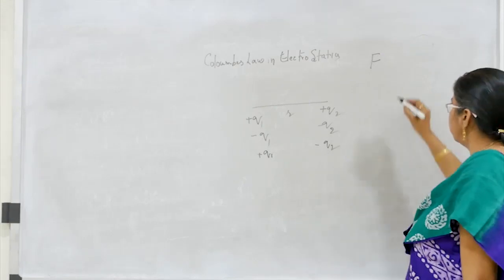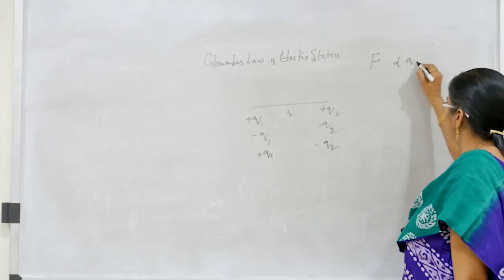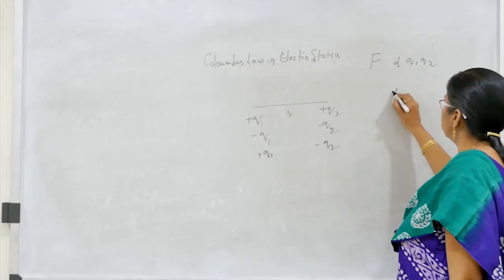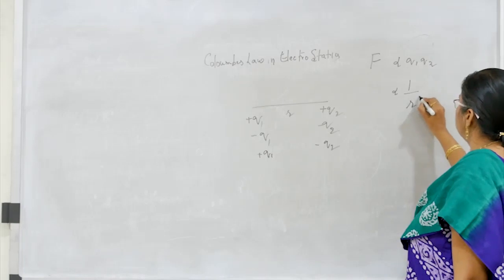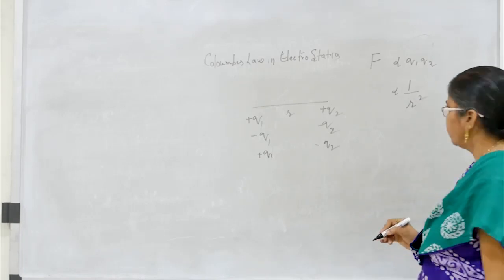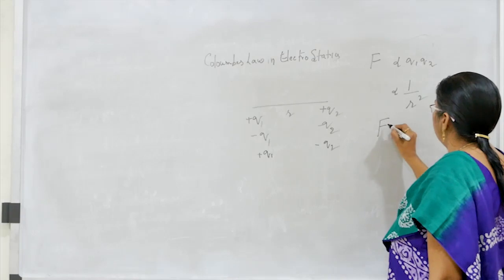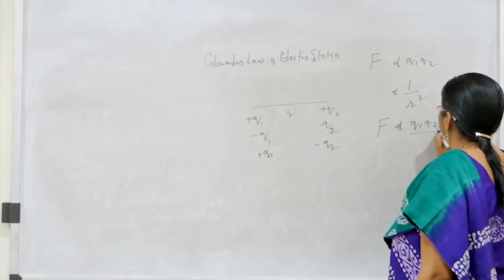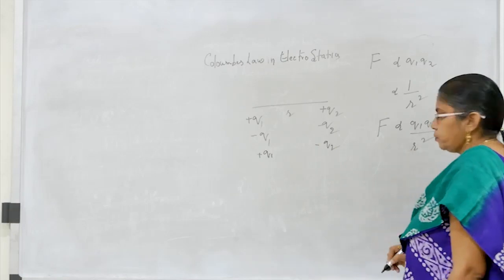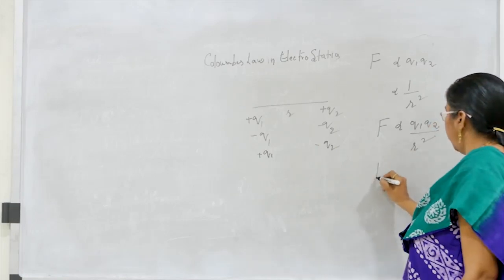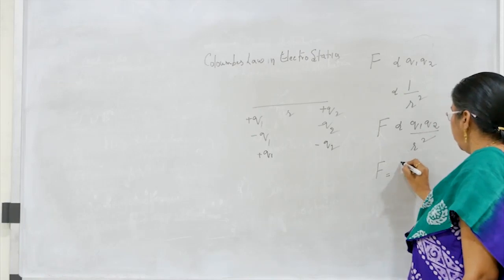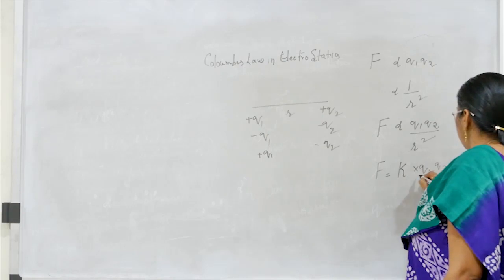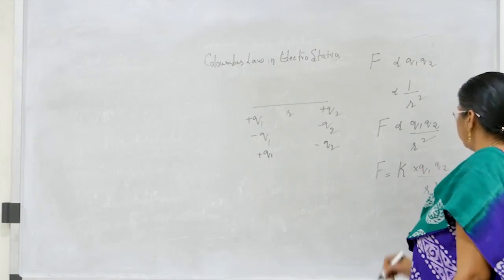between the two charges is directly proportional to the product of the charges and inversely proportional to the square of the distance joining the two charges, or F is proportional to q1 q2 by r square, or F can be replaced by a constant k into q1 q2 by r square.